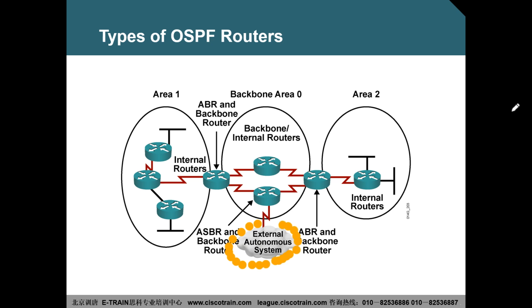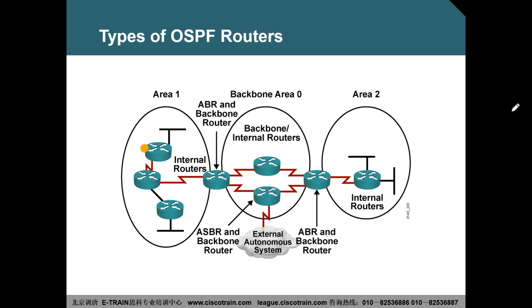This may be EIGRP or any other source. So the router that is acting as a border between OSPF and another autonomous system, meaning this router has membership with this OSPF as well as the other autonomous system, we call such a router an ASBR, Autonomous System Border Router.